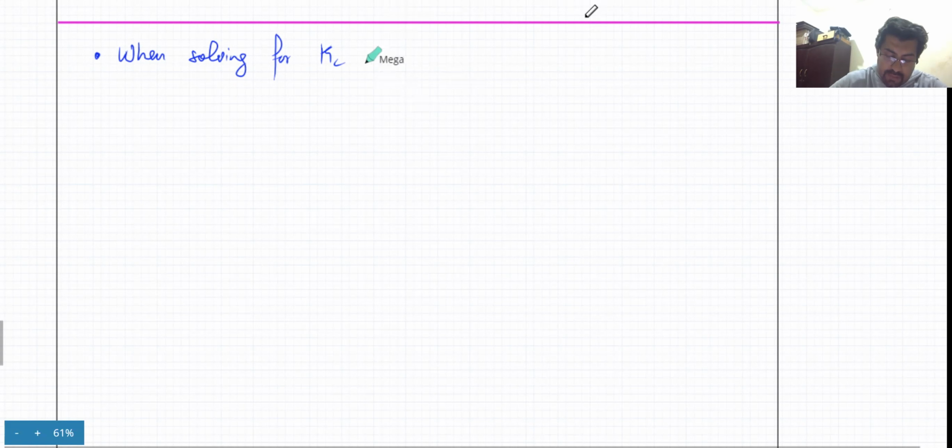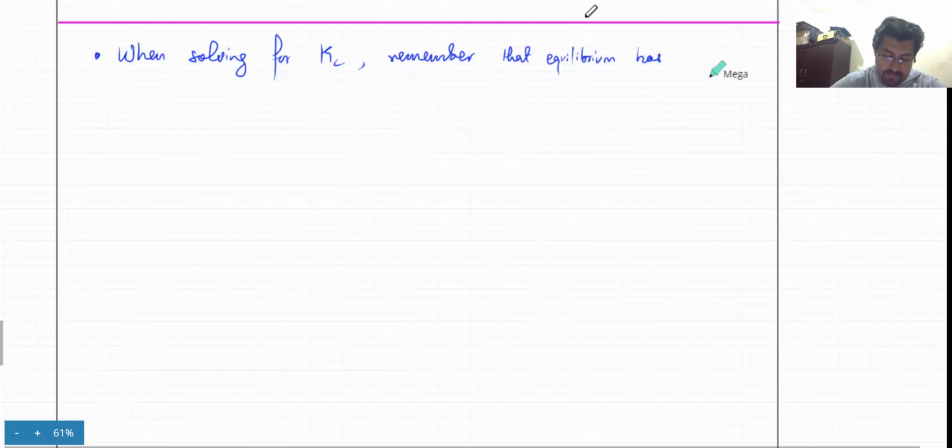So when solving for Kc, remember that the equilibrium has to be attained. It has to be present. That's the first thing. If a reaction is not at equilibrium, you cannot calculate Kc. That's one very basic rule for Kc.